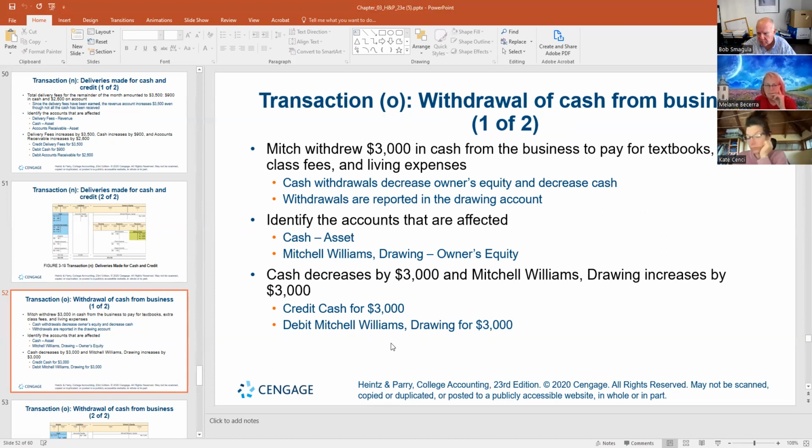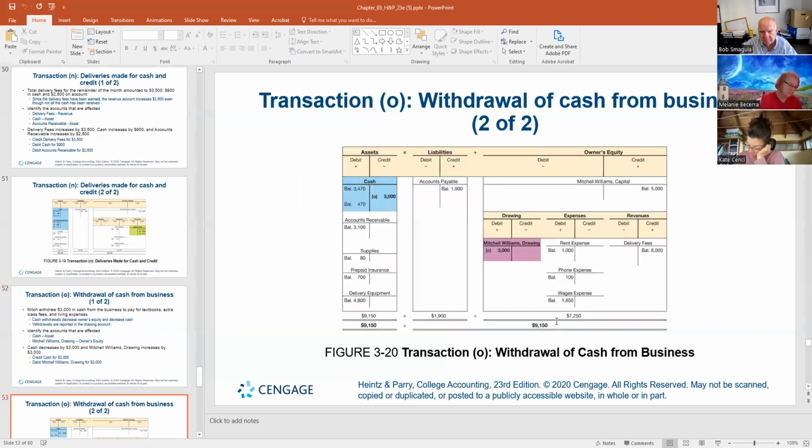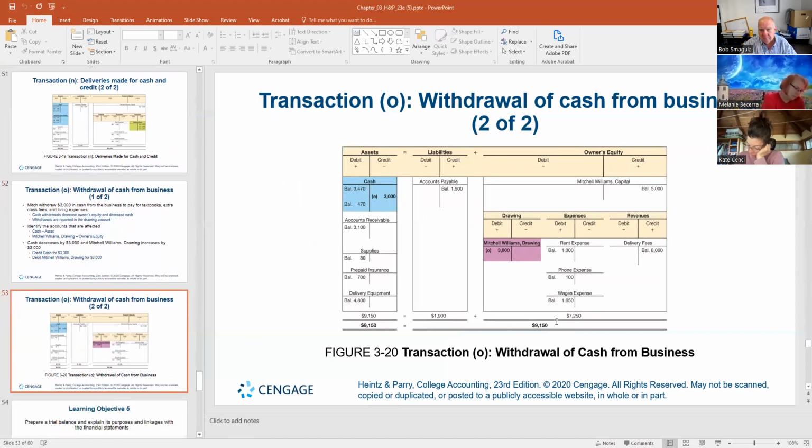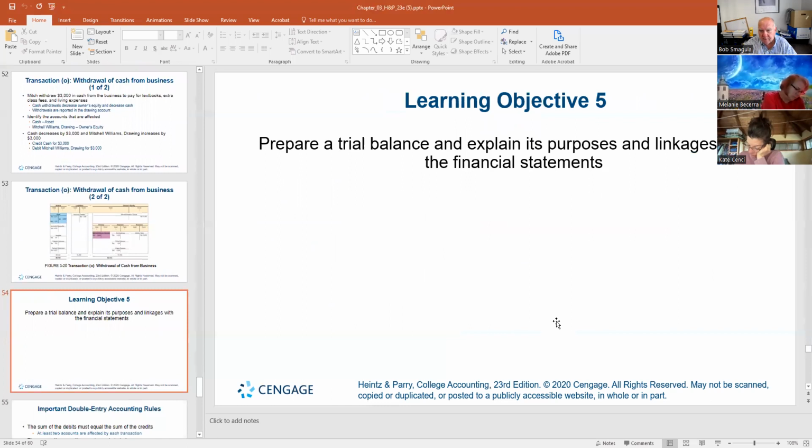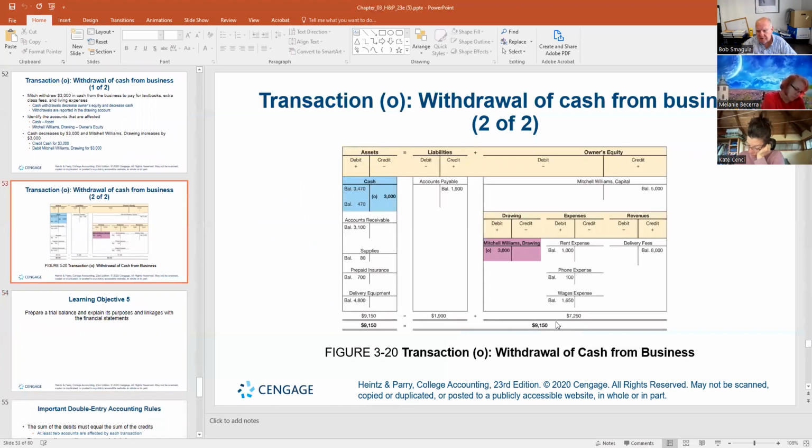The equity has a normal credit balance. So when we debit drawing, which is part of equity, we're actually reducing the equity, and we credit cash to reduce the cash. Drawing is not an expense. It's a reduction in the net worth of the company. He's taken $3,000 worth of the company. Now, we have all these balances sitting there, huh?